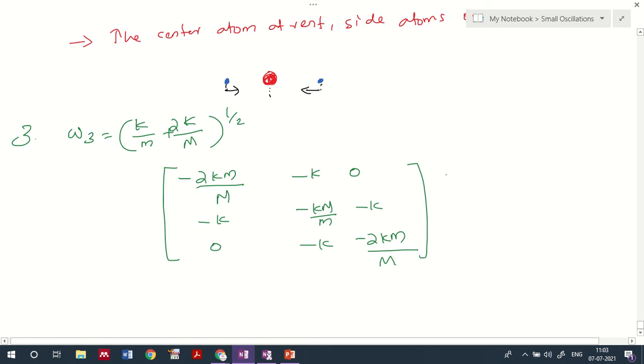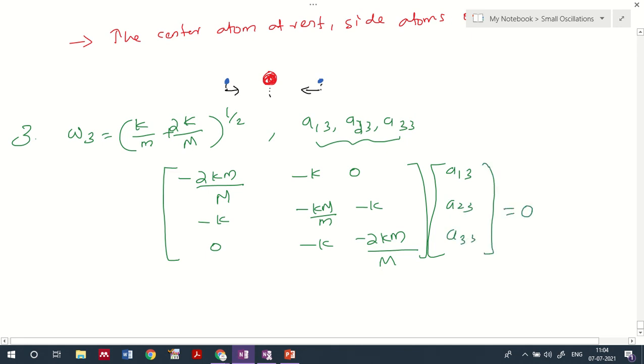So this is the matrix, and if you consider the omega 3 one, then you can get a13, a23, and a33, the values of the eigenvectors, from this frequency. So a13, a23, a33 we will get from here, equal to 0.